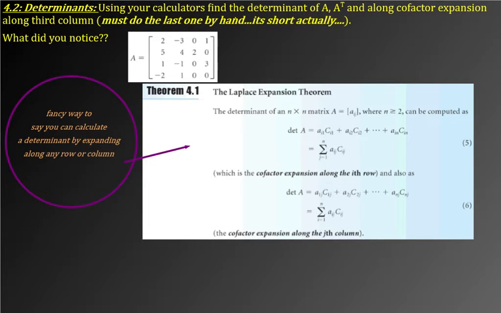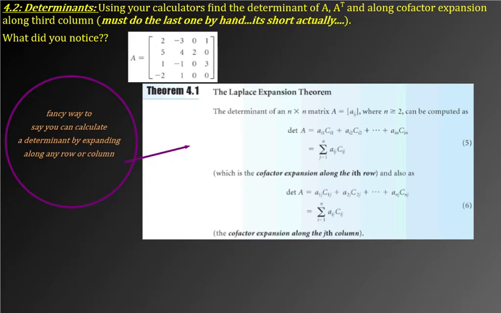And then by hand, see what you would get if you did the cofactor expansion we were talking about in the last slide along this third column. If you do that, you'll notice something really nice happening. This third column is a really easy column to work with.